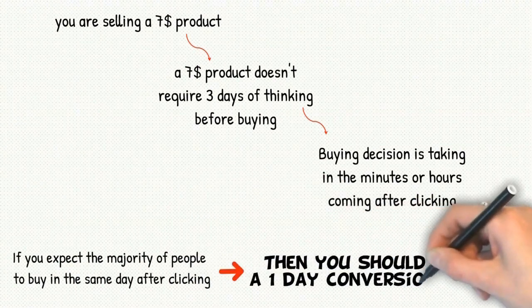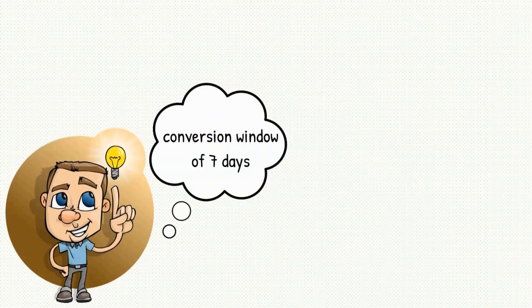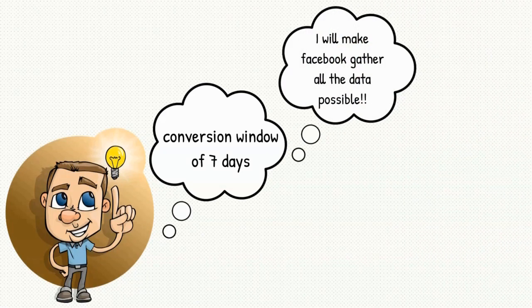Some people try to outsmart Facebook by putting a conversion window of 7 days, thinking that this way Facebook will gather all the data possible. Well, this is not something I recommend you do, because this might cause you trouble in your ads. And let me explain why.